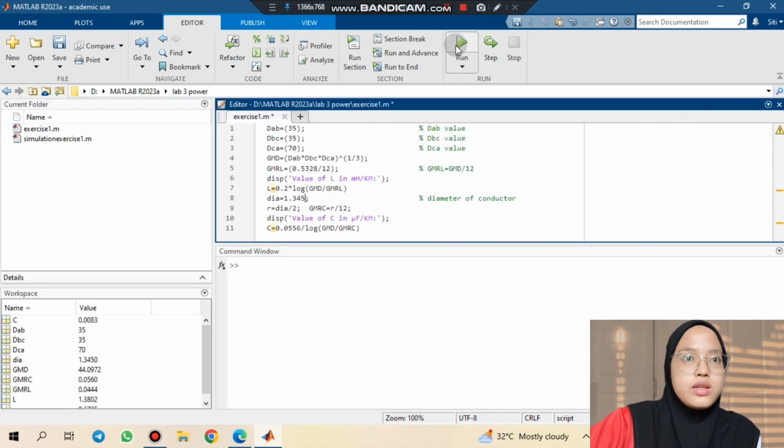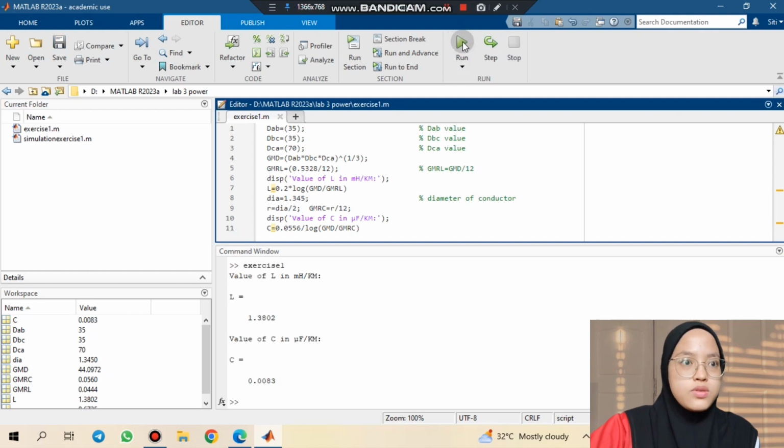Next we're going to run the simulation and see what the values of inductance and capacitance displayed from the execution of this coding are.